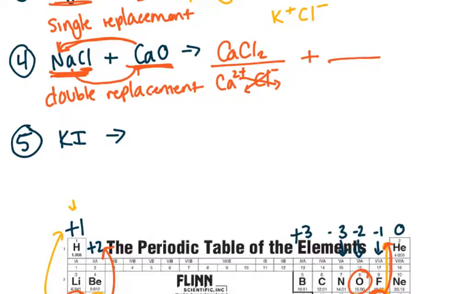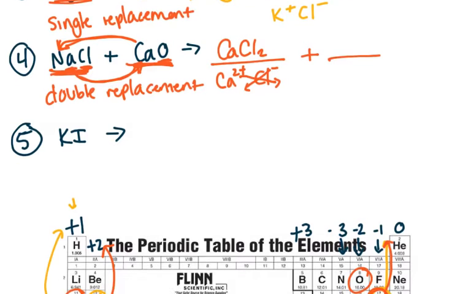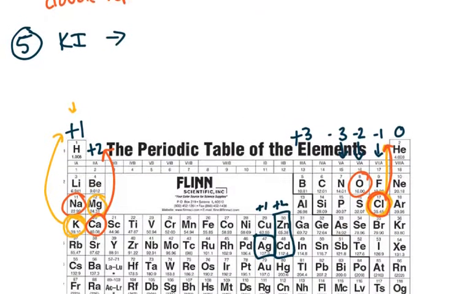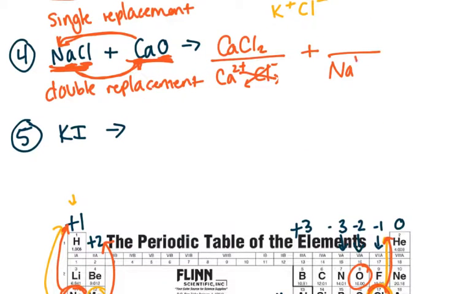Now for my other compound, remember the sodium went in and replaced the calcium, so I'll have sodium bonded to oxygen. We actually already did that before, but I'll do it again just to reiterate. So I have sodium there. And sodium's right here. It has a +1 charge.